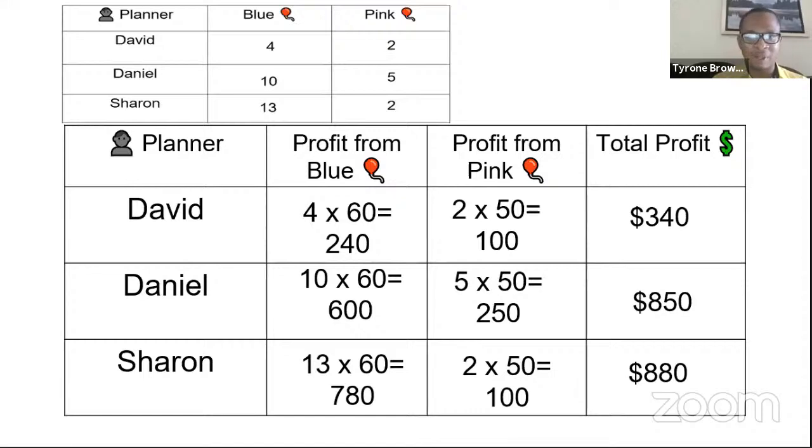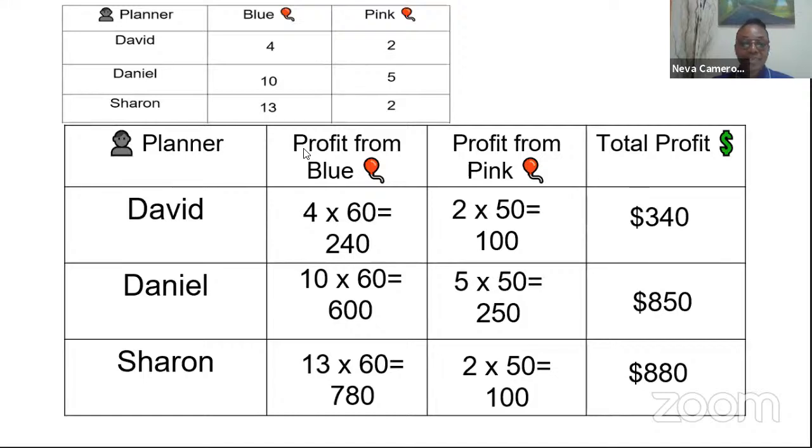But there is one other question I have, because I'm having a challenge. Camila says the more balloons, the more cash. But they're saying that Sharon made the most while David made the least.